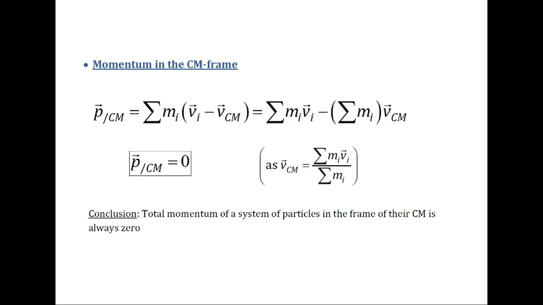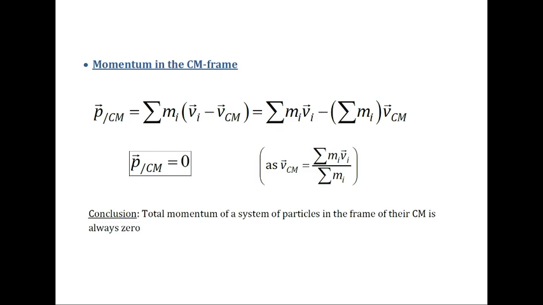Vi is the velocity of the particle in some particular laboratory frame, and these Vi's are known, suppose. But we want to write the velocity in the CM frame, so we subtract VCM from it. So this whole summation is the momentum in the CM frame of the entire system of particles.